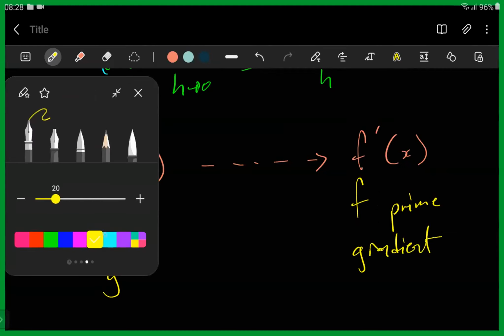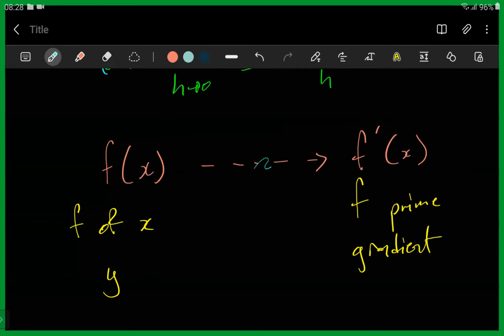When you go from a standard equation to an equation of f prime, this is called differentiation. So going from f of x to f prime is differentiation.